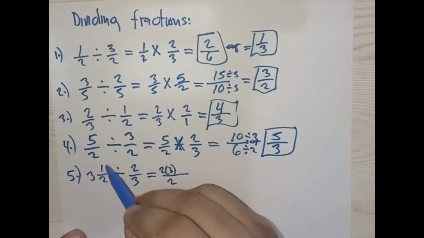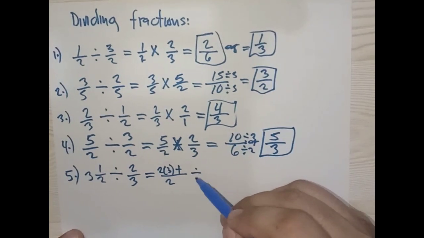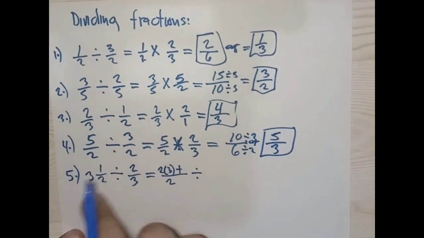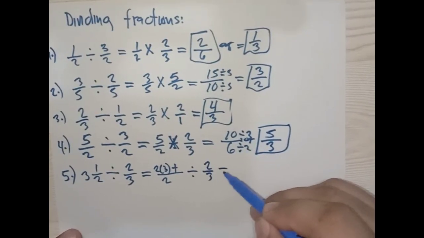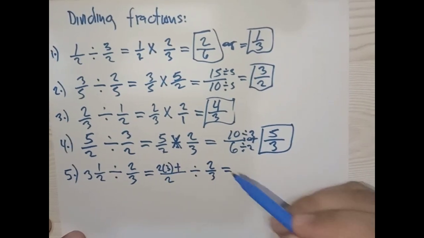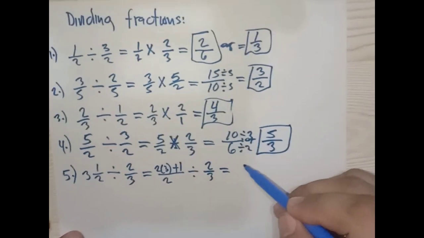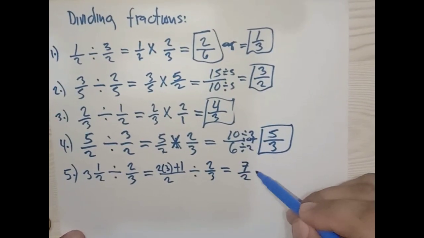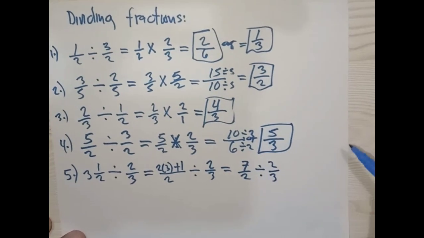And then, yung sa numerator, i-add natin. Divide muna. Wala pa tayong change kasi ito pa muna i-change natin. Divide 2 over 3. Okay? Simplify natin to. 2 times 3 is 6 plus 1, 7 over 2. Divide 2 over 3. Okay, nakuha.